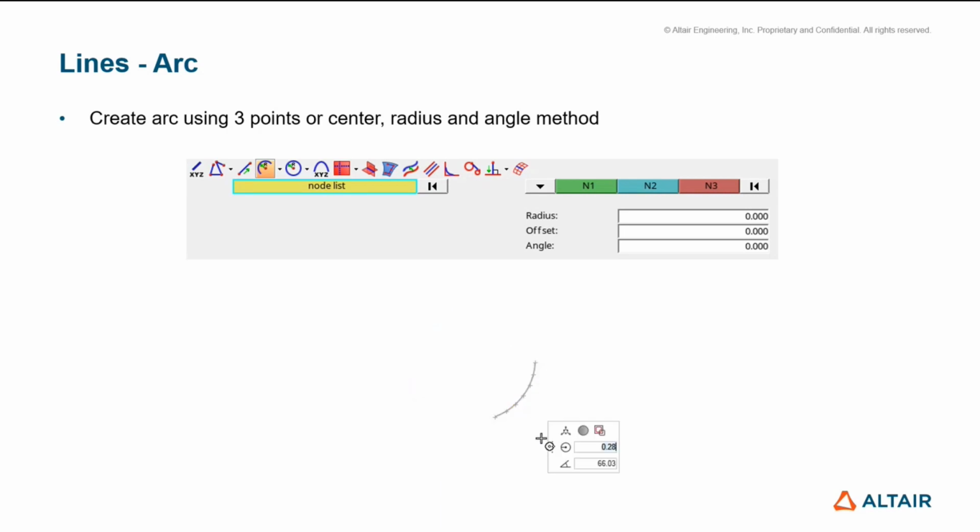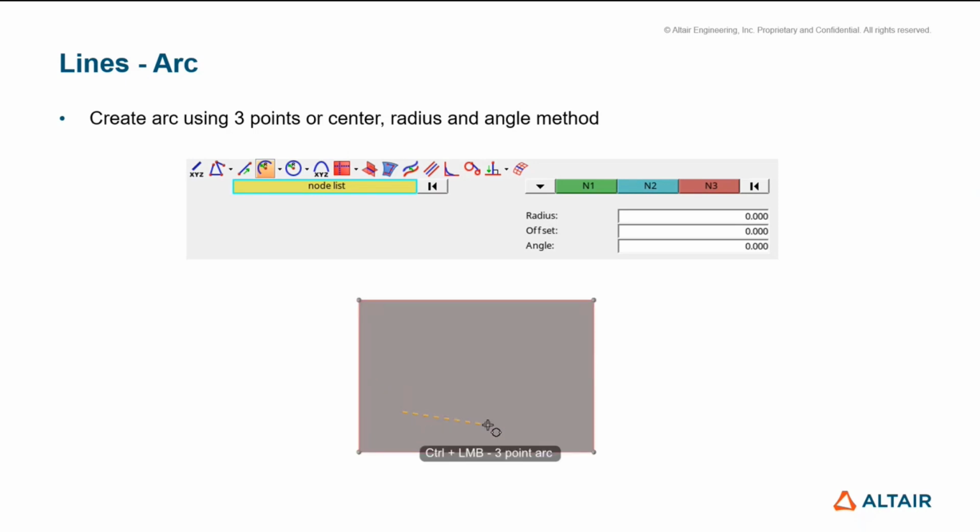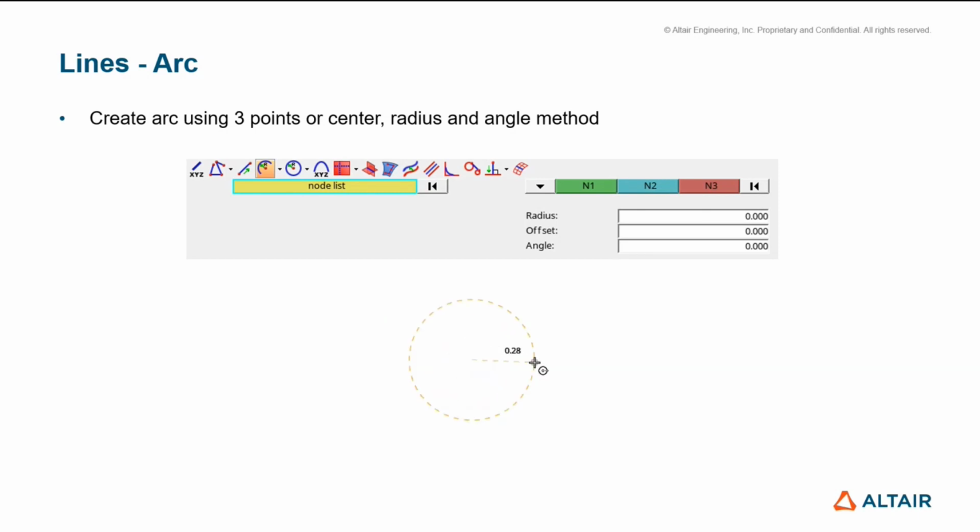On the line side, people have also requested arc creation. Earlier, we used to just create a circle and then trim the circle to create an arc, but we have now added arc functionality where you can select 3 nodes, or you can select, just like a circle, a center and radius, and you can give an angle. You can also trim it if it's on the surface, and you can fill it.